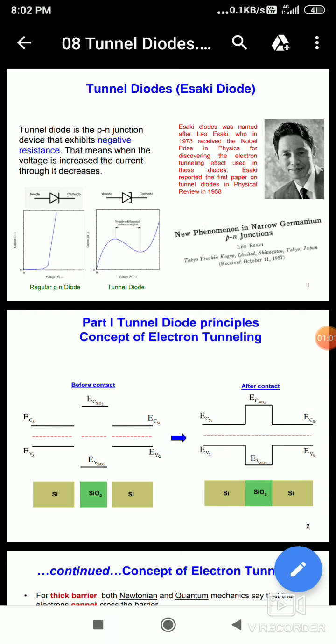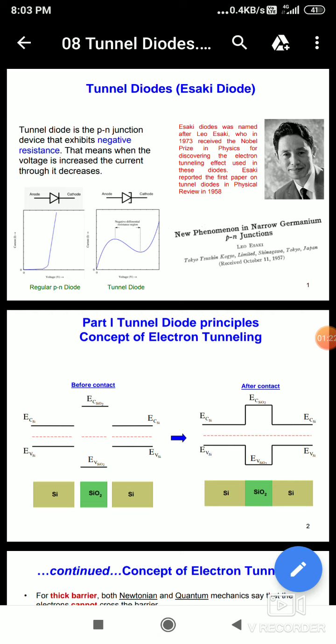In tunnel diode, the n-type semiconductor emits or produces the electrons, so it is referred to as a cathode. Similarly, the p-type semiconductor attracts the electrons which are emitted from the n-type semiconductor, so it is referred to as an anode.